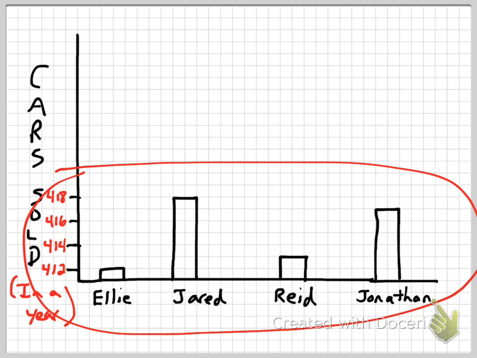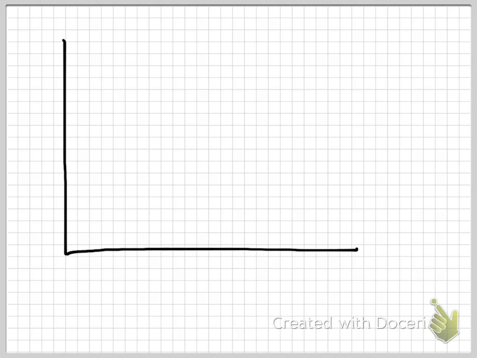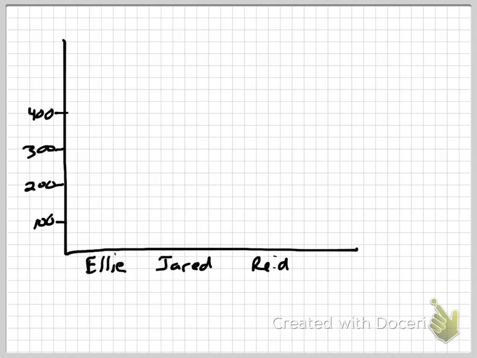What they've done here with this graph is that they took a graph that should look something like this. They took a graph that should look something like this. Who else did I have up there?